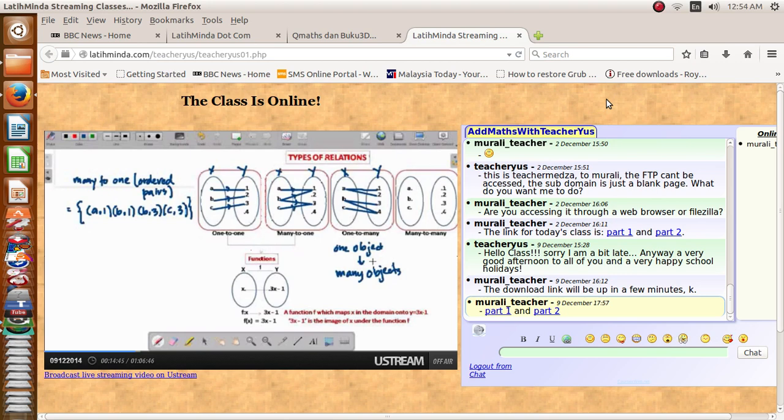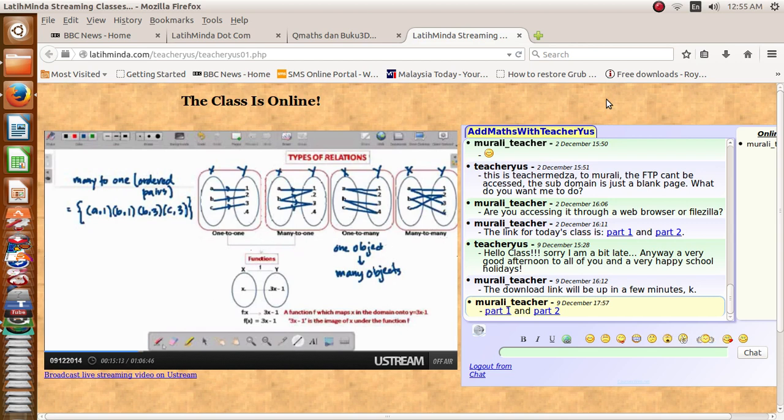And many to many: there are two crisscrossing from each side. A can go to 1, A can go to 3, B can go to 2, C can also go to 2, and B can also go to 4.